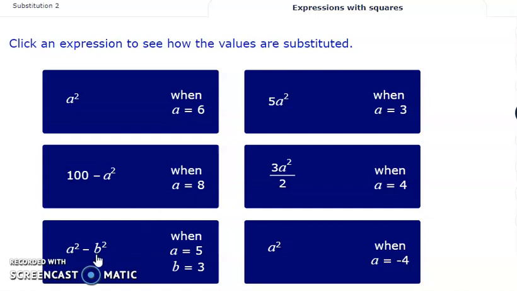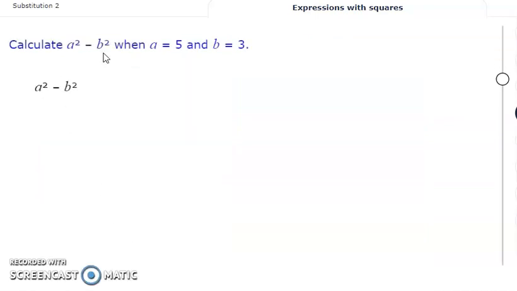Or let me solve one more question for you. Let us see a squared minus b squared. We are going to solve this question. So a is 5 and b is 3 as given in the question, and you have to find the value of a squared minus b squared. As we know, a square minus b square is a times a minus b times b. That is 5 times 5 minus 3 times 3, because a is 5 and b is 3.